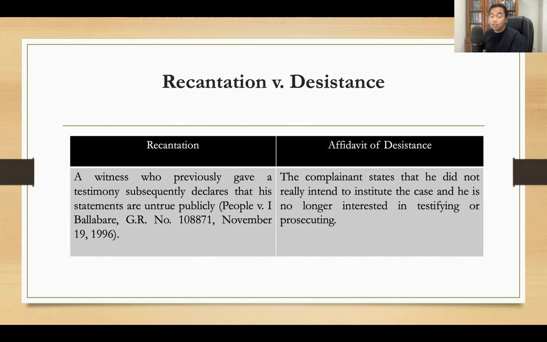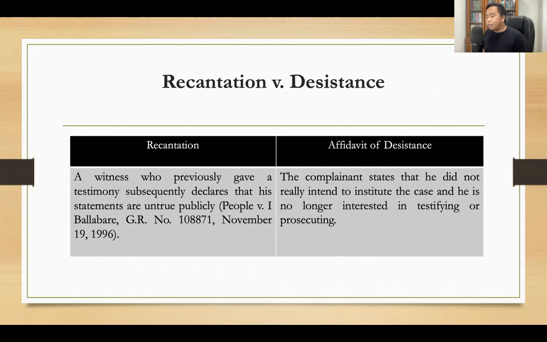So this is the distinction. In recantation, it is the witness who previously testified now withdrawing his statements because they are untrue. In an affidavit of desistance, it is more on the intention of the complainant in prosecuting the case.